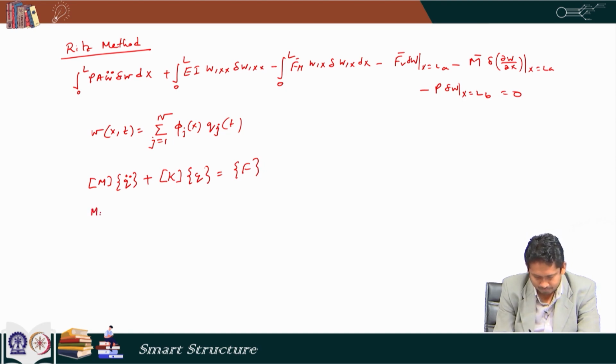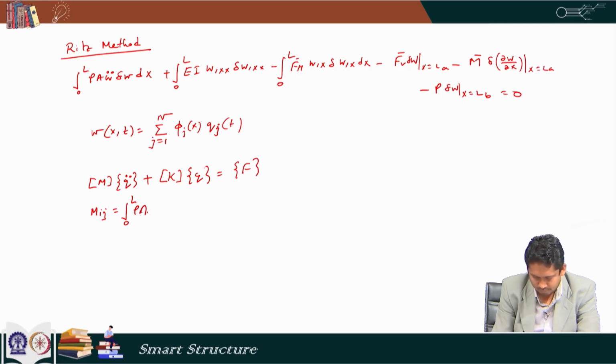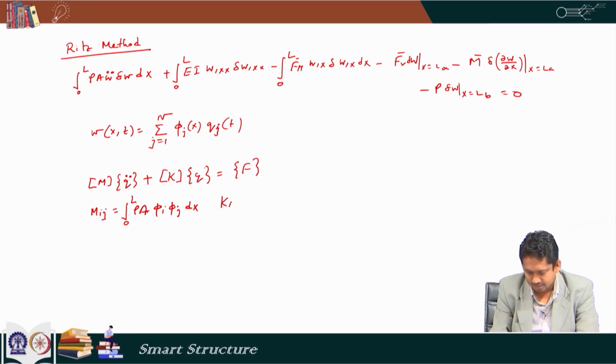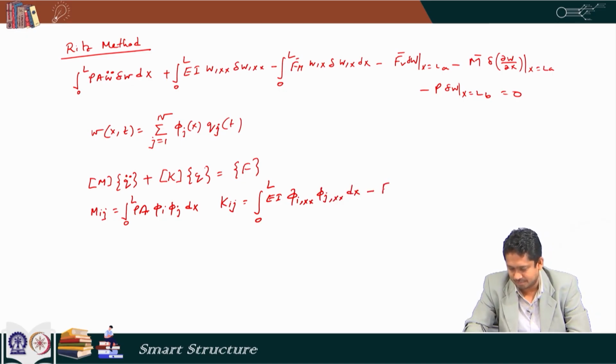and then we have m i j is equal to integral 0 to L, I should have the rho a also, rho a phi i phi j dx, and then we have k i j is equal to E I phi i comma x x phi j comma x x dx, minus we have f h bar integral 0 to L a.